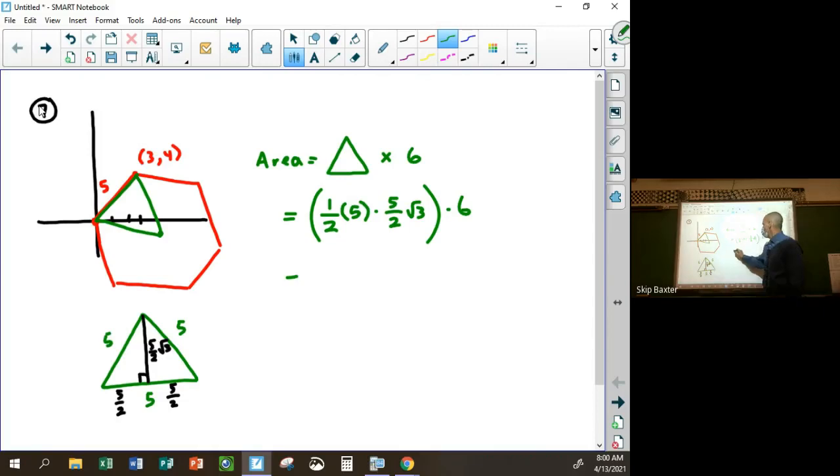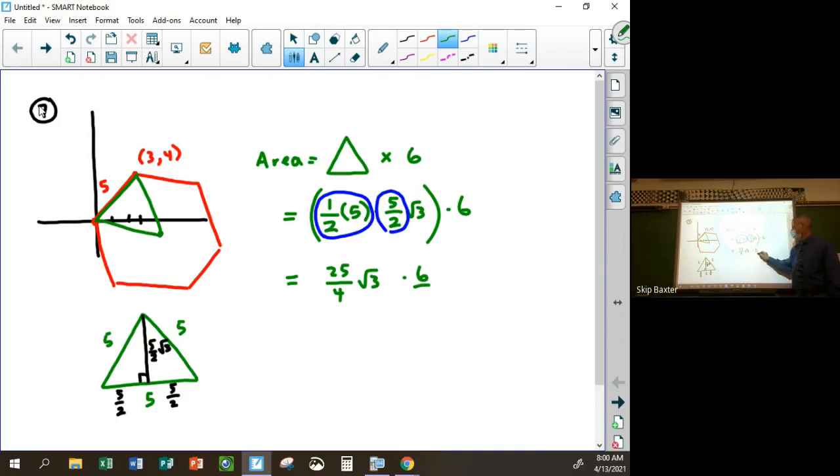So if you just look at what you have here in terms of numbers, this is really 5 halves times 5 halves, right? So that's 25 fourths, radical 3 times 6. And then you can multiply 6 times 25 fourths, which is like 6 over 1. So this ends up being 150 fourths, radical 3.